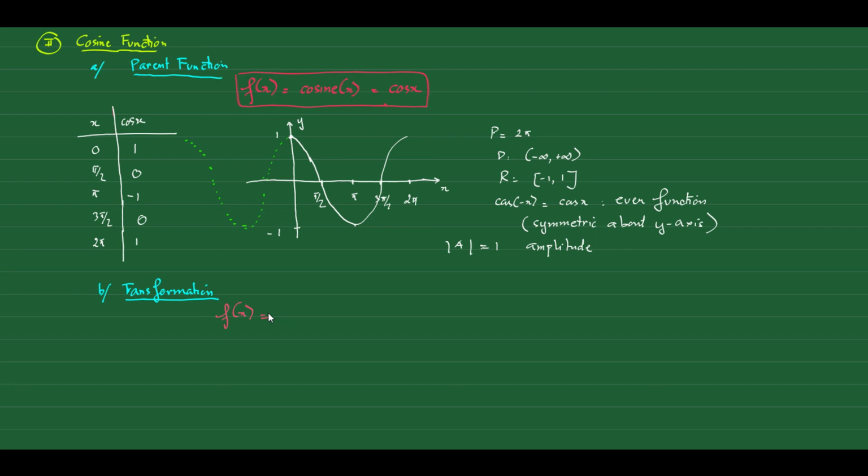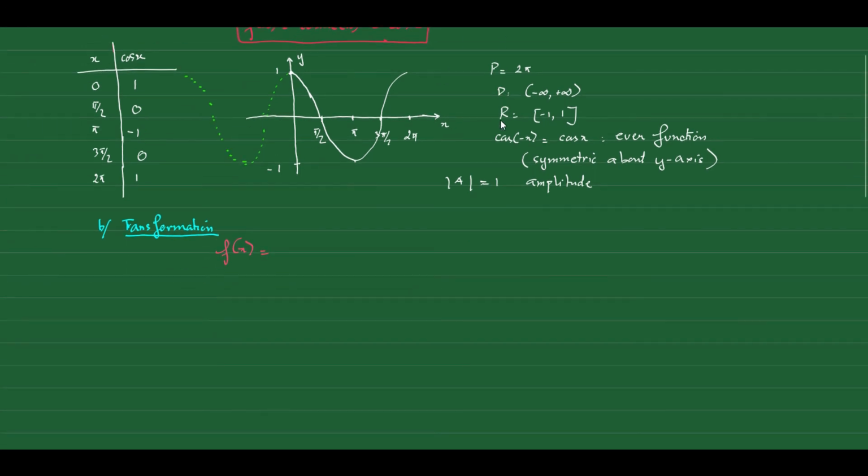My function will be f of x equals a cosine of bx plus c, plus k. In this case, the period will be 2 pi over b. It tells you how much it is shrinking or stretching horizontally.